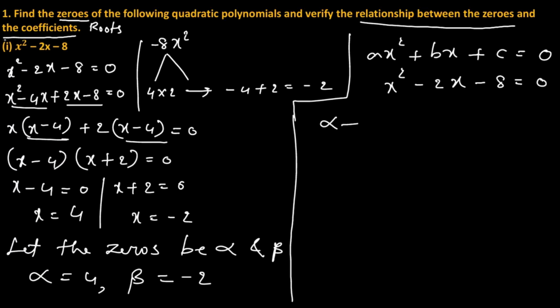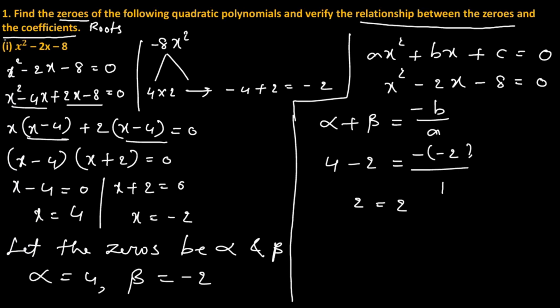Alpha plus beta, the sum of the roots, is equal to minus b by a. Alpha is 4, beta is minus 2. B is minus 2, so minus of minus 2 divided by a, which is 1. So 2 is equal to 2. This is verified.